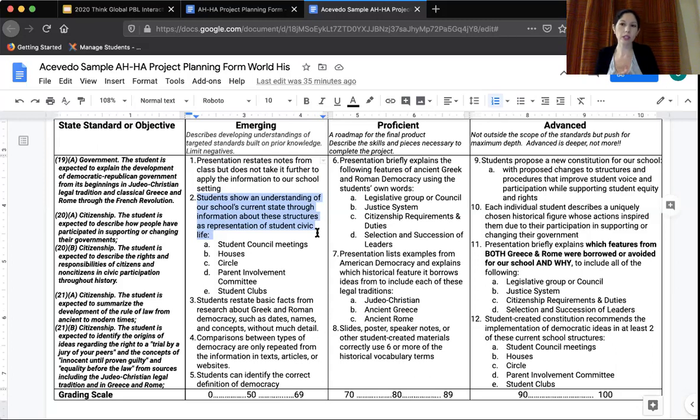So in this situation, they're going to be implementing or persuading others, or proposing a new constitution for the student council. And so I want them to wrap their mind around our school and really think about, what do I see in my school as being something that involves decision making, something that involves student voice, or just decisions about students? What are the rules that exist, the duties that students have, and teachers, and really anyone that's in our building?